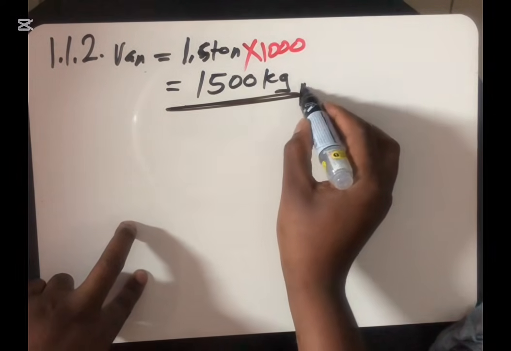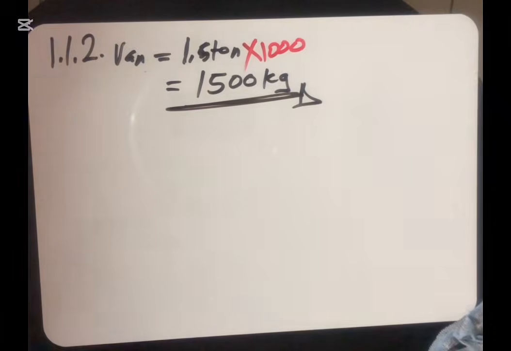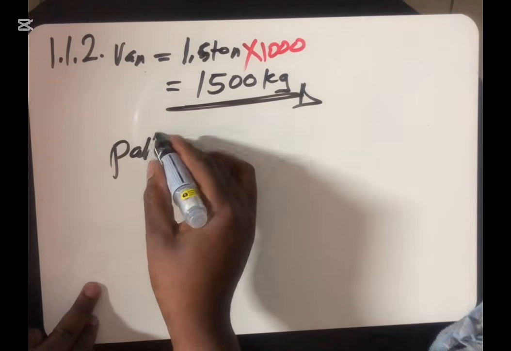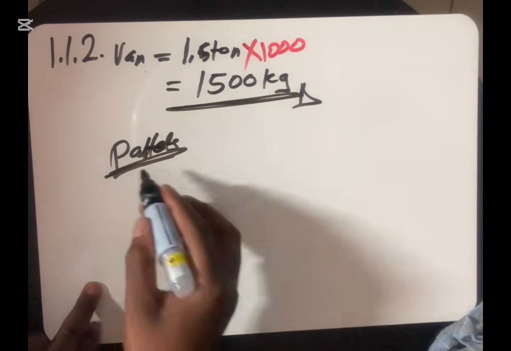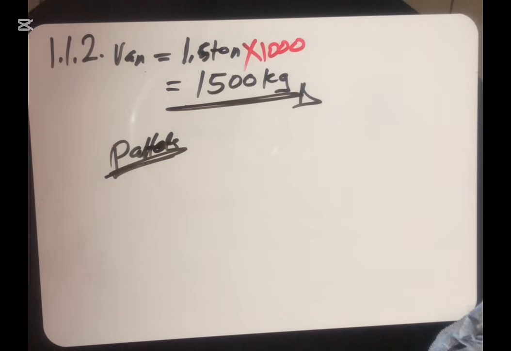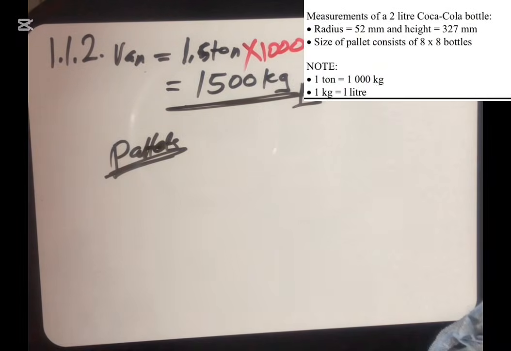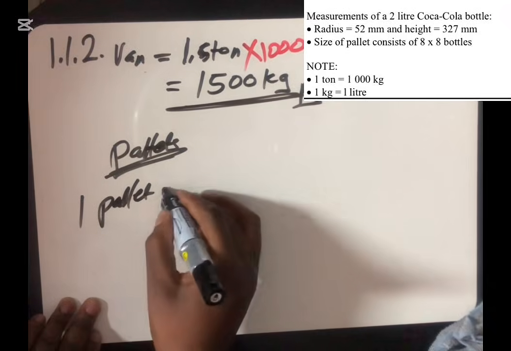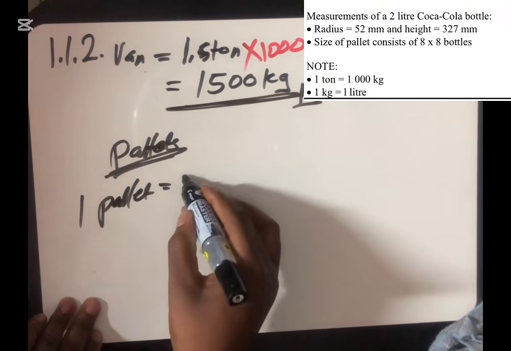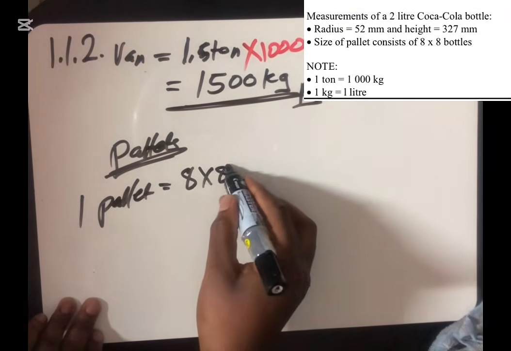The van can carry this weight. Then the pallets. Now we must calculate the weight of 12 pallets, because we are talking about 12 pallets. And you and I, we know that one pallet carry 8 by 8.